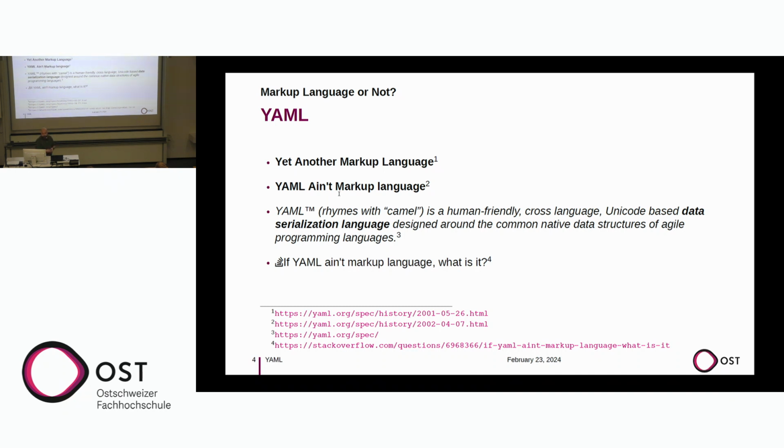If you want to hear the story, on link number 4 there are 2 of the 3 guys who developed it answering the question why it is not a markup language. Just as a story on the side. Sometimes you can still read the old name. I personally don't really care what YAML stands for. Important is that we know how YAML works.